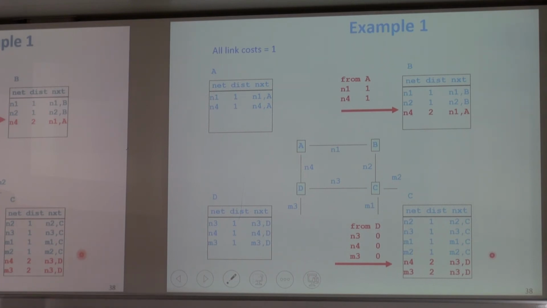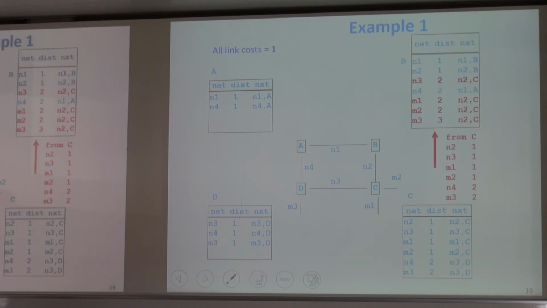And in this way, for example, C will discover from B a path to N1, and perhaps even to N2, no, it already has a path from N1. So this is being illustrated here.